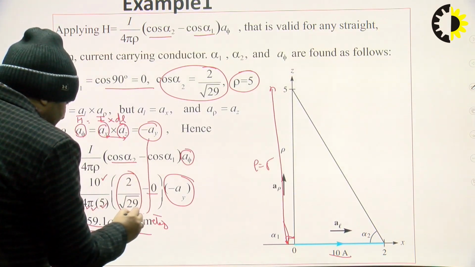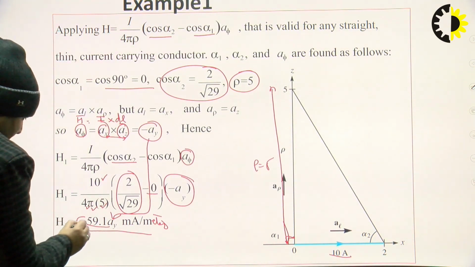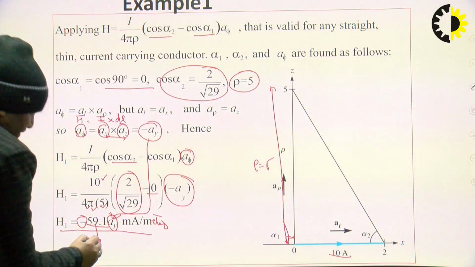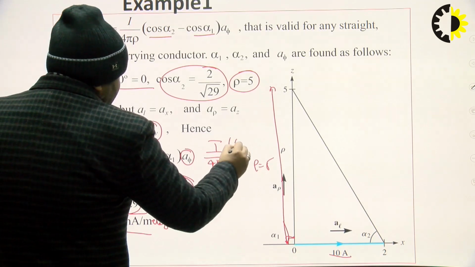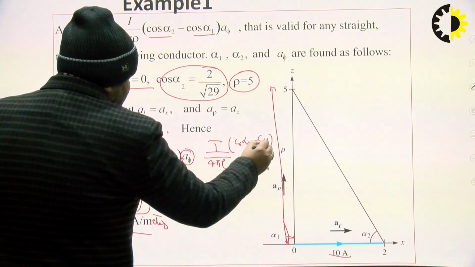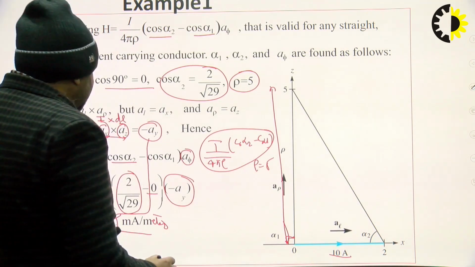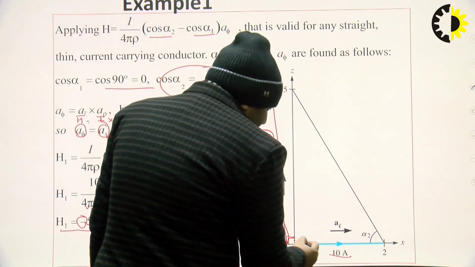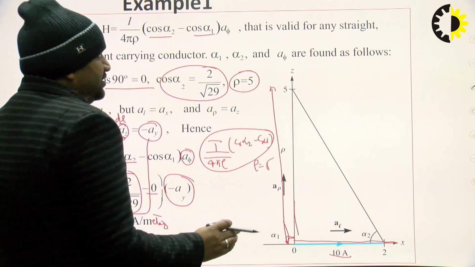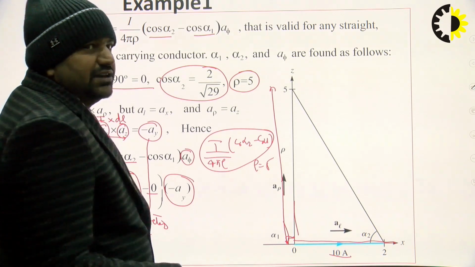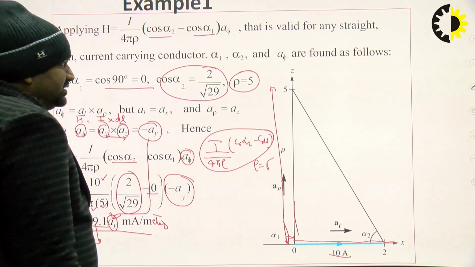So we can say the direction of the magnetic field intensity is in the direction of minus ay, and the magnitude is defined by I upon 4 pi rho times (cos alpha 2 minus cos alpha 1). The magnitude is defined here, which is equal to 59.1, and the direction is minus ay, because I is defined in the x direction and dl is defined in the z direction. So I cross, ax cross az, is equal to minus ay. That means the magnetic field intensity is defined in the minus ay direction.